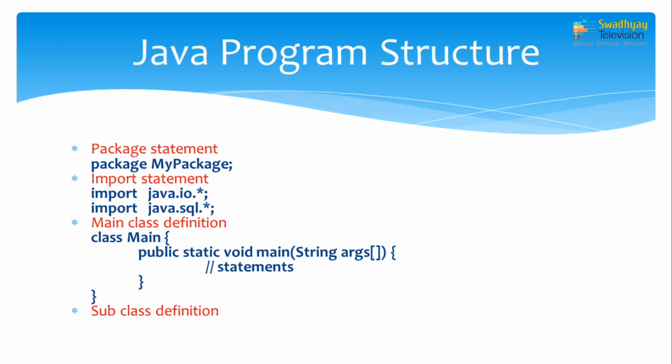And suppose we have some other classes other than the main class, you can always write those below the main class as a subclass definition. Again, this is an optional part. So, this is all about our Java program structure.